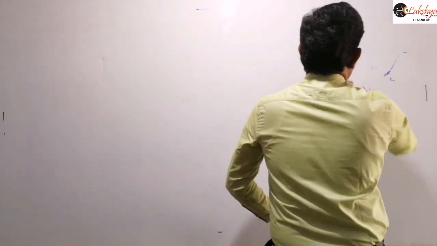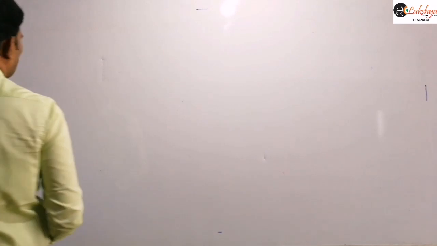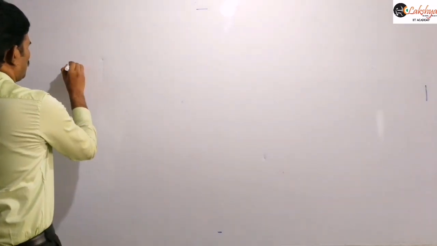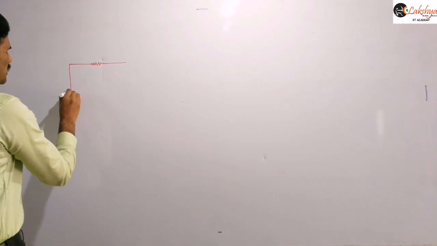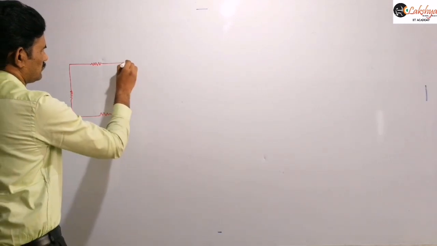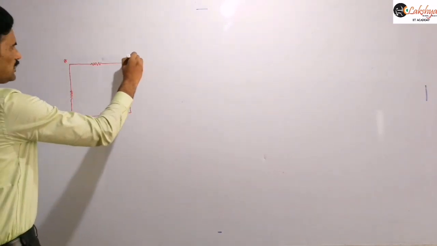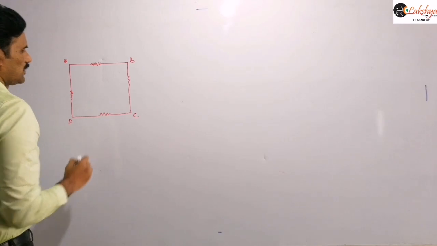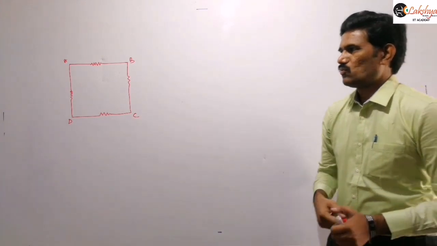So write that problem. A uniform wire is made into a square ABCD such that the resistance of each side is 1 ohm.